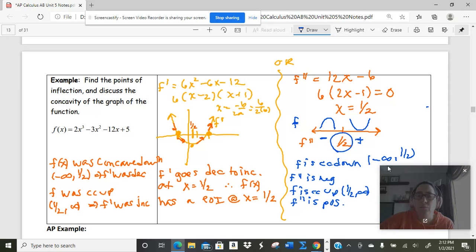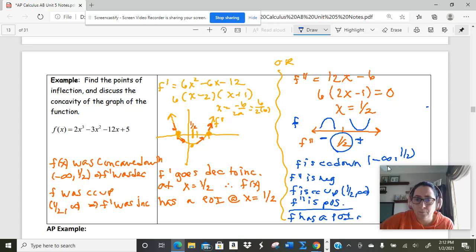So this is a point of inflection at x equals 1/2 because f double prime goes from negative to positive at that 1/2. So two completely different ways, but we still get the exact same answer.